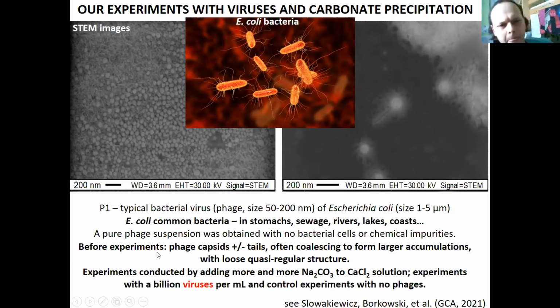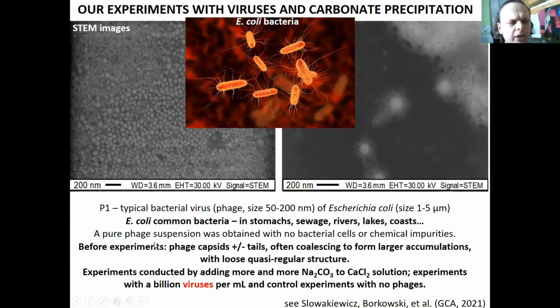We had a pure suspension, a phage suspension, so we didn't have any bacterial cells. These bacterial pellets were removed. Also, no chemical impurities. As you know, Escherichia coli is a common bacterium which lives in stomachs, in our intestines, sewage, rivers, and lakes, and so on.